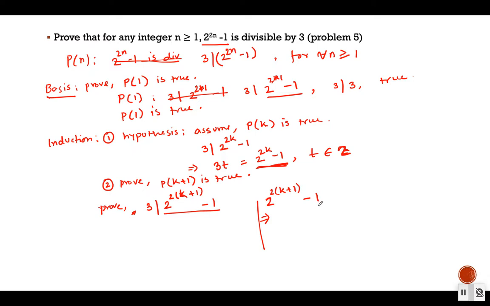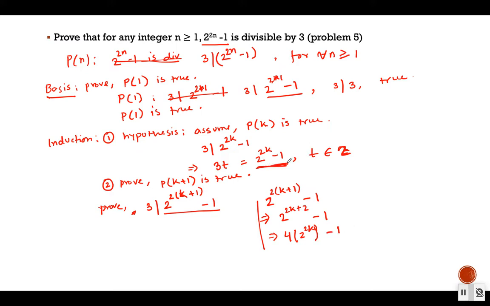So this is our value. It will look like 2 to the power 2k plus 2 minus 1, and it's looking good, because here I can see 2 to the power 2k, which looks familiar from our hypothesis. So now it looks like 4 times 2 to the power 2k, minus 1.